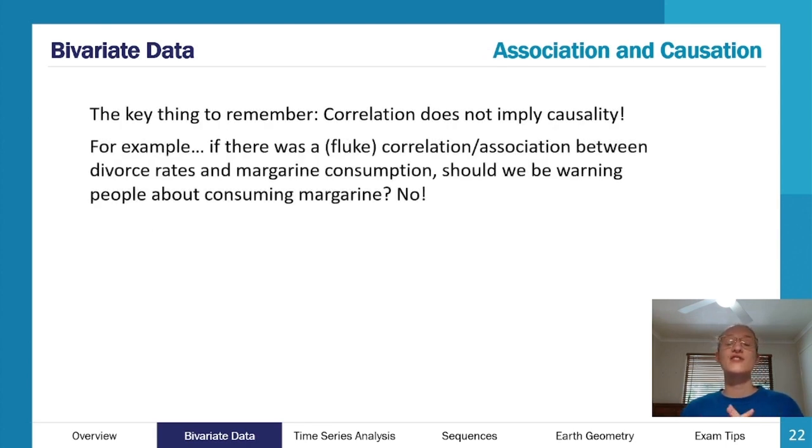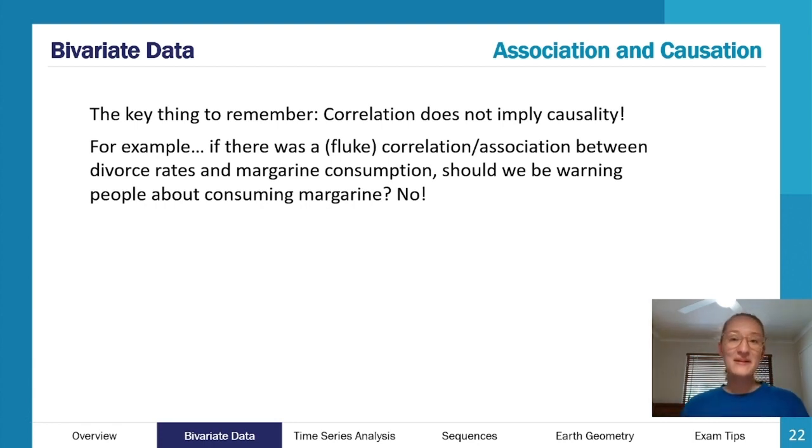Another thing I'd love to touch on is the difference between association and causation. The biggest and most important takeaway from here is that correlation does not imply causation. So for example, if some random study found a massive correlation between divorce rates and margarine consumption, should we conclude that consuming margarine causes divorce?